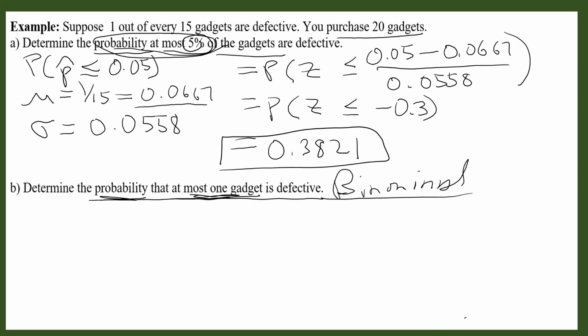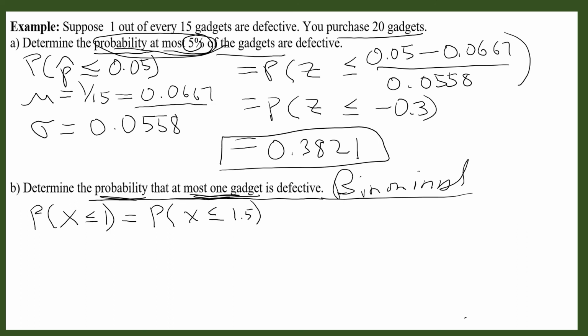So we're looking for the probability that x is less than or equal to 1. Well, the first step in a normal approximation of a binomial is to either add a half or subtract a half. Well, in this case, I'm going to be adding a half. You justify that. Okay?